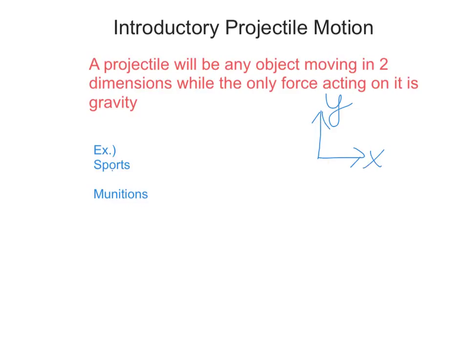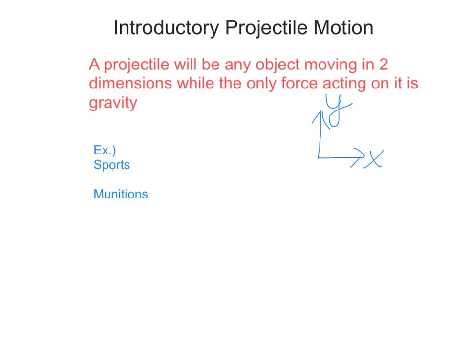Well, if you're a projectile, this means that you are moving in both of these directions simultaneously, which will result in a curved path. Some examples of projectiles include anything involving sports, like a football or a basketball being thrown, munitions, things like a tank shell or a bullet being fired, and essentially anything that's being tossed with some sort of horizontal velocity at minimum. So these are all things that travel in 2 dimensions.